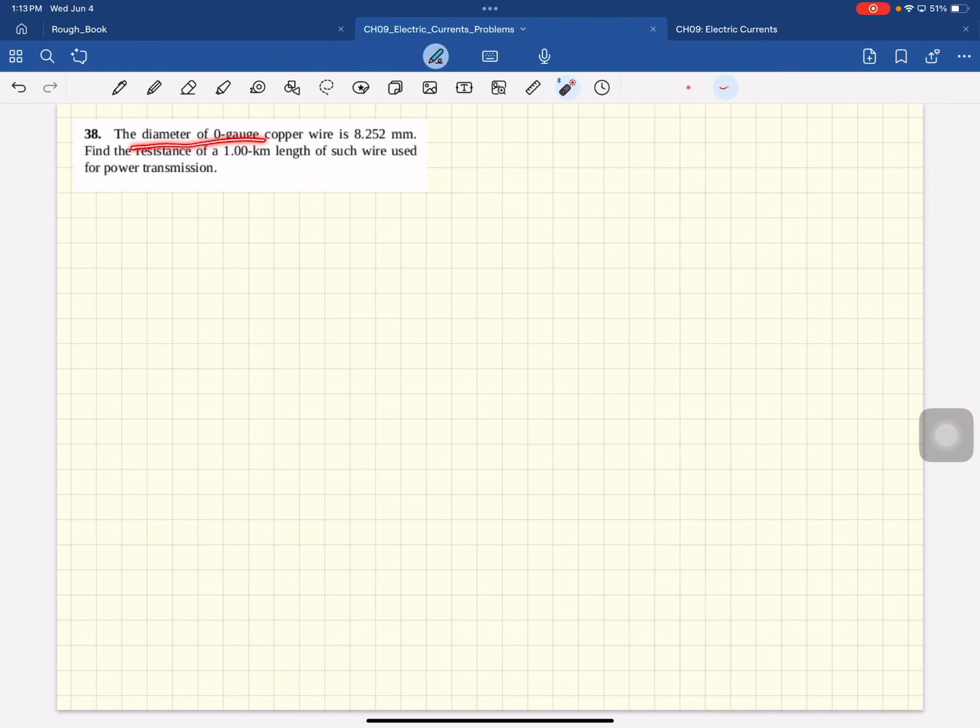The diameter of a zero gauge copper wire is that. Find the resistance of a 1 kilometer length, 1 kilometer is from here to Embry-Riddle, of such wire used for power transmission. Resistance is resistivity times L over area of cross section.